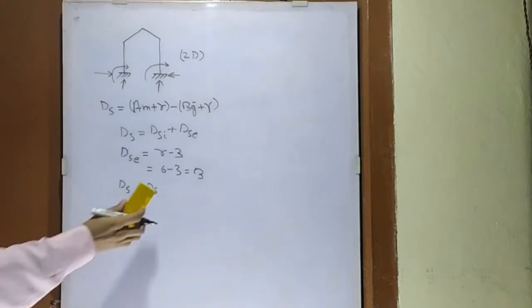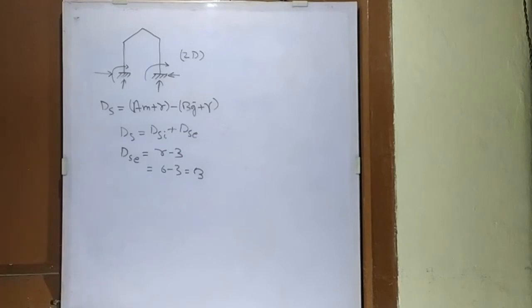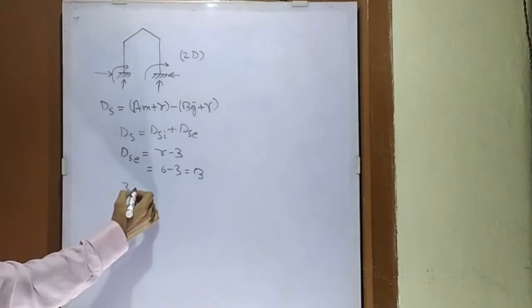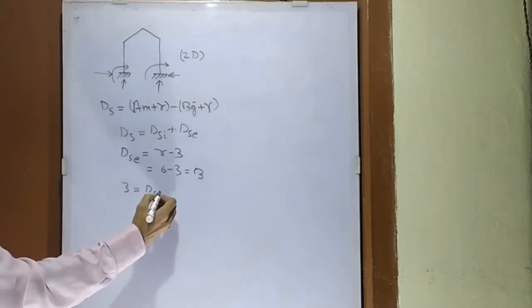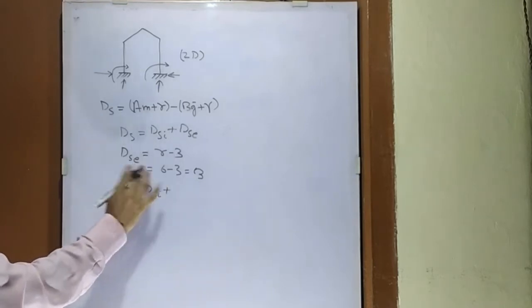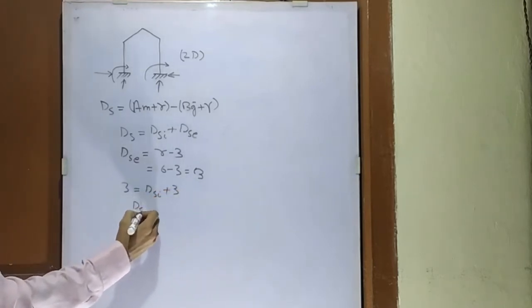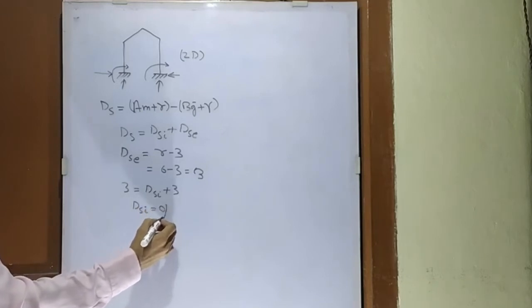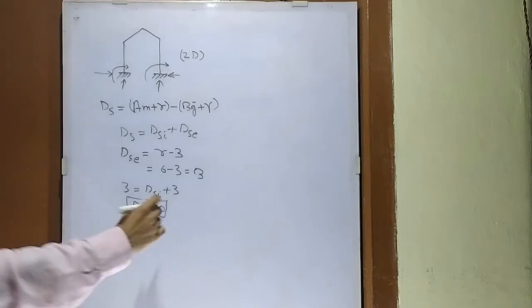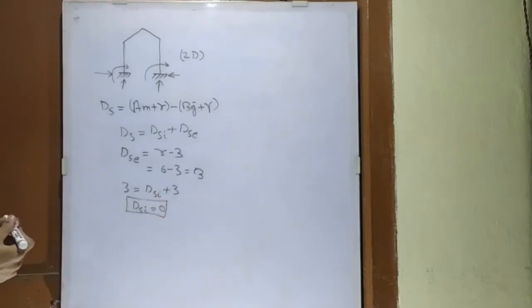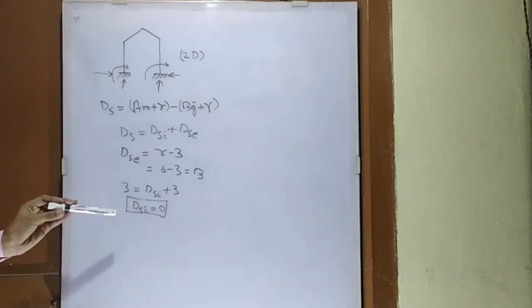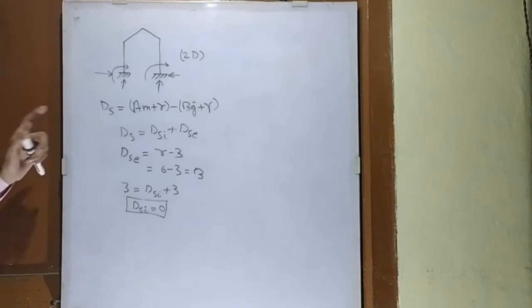The value of DS was 3 and DSI we want to count and DSE is 3. So from here the value of DSI comes out to be 0. So we can say that the structure is externally indeterminate but the structure is internally determinate. So this was our first example and it was a very simple example.